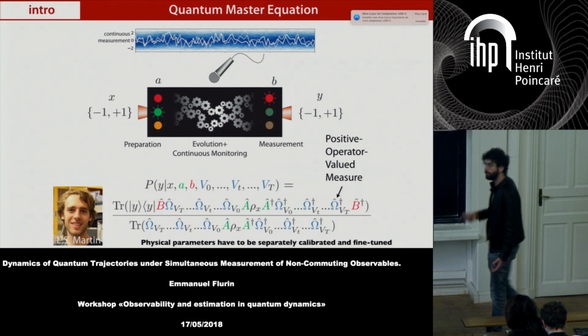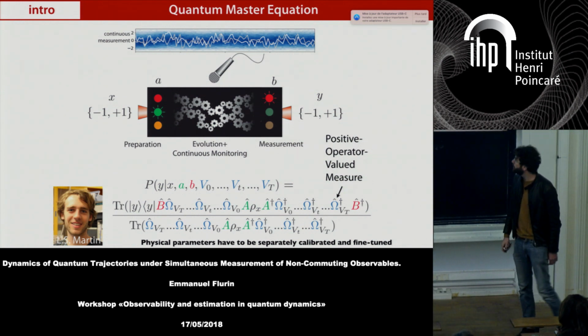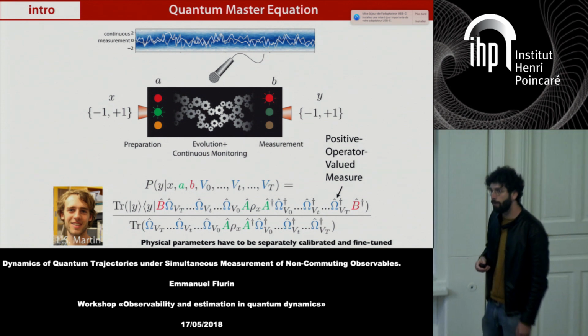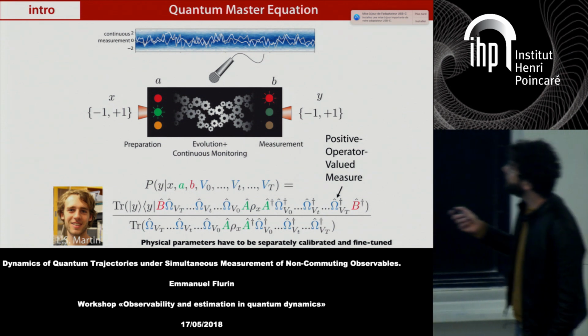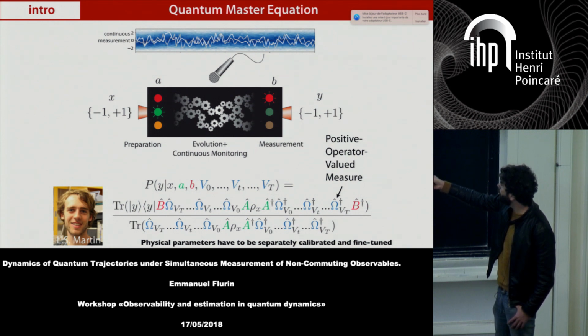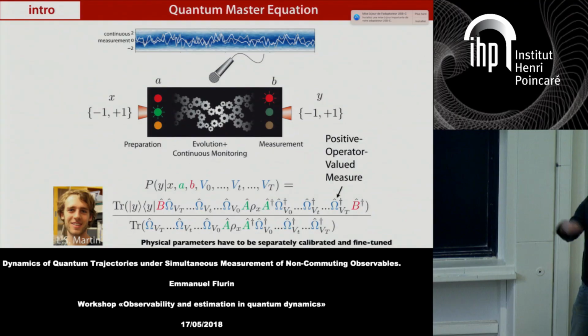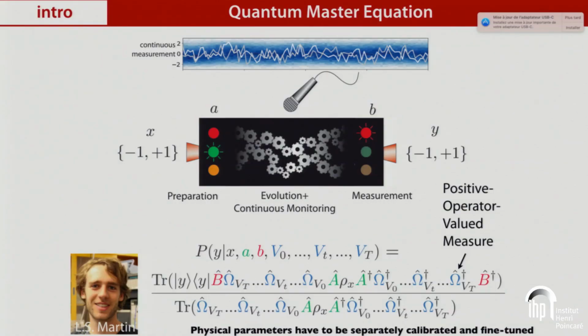Then you will be able to tell the most likely outcome of this experiment. One problem for an experimentalist is that you need to calibrate all the physical parameters that go into these operators in an independent way. And even when they are calibrated, it's better to fine-tune them, as Antoine described before, in order to make this evolution work in practice.